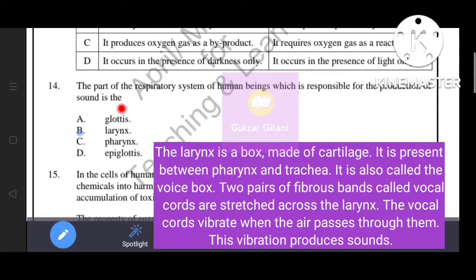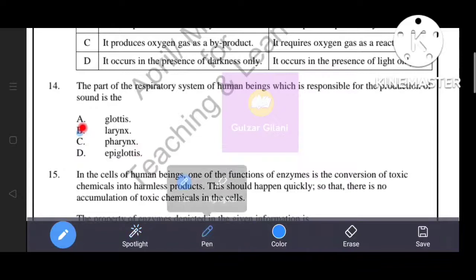Two pairs of fibrous bands called vocal cords are stretched across the larynx. The vocal cords vibrate when the air passes through them. The vibration produces sounds. That's why, of the given options, the correct answer is option B, that is larynx, which is responsible for the production of sound. Means option B, larynx, is the correct answer.